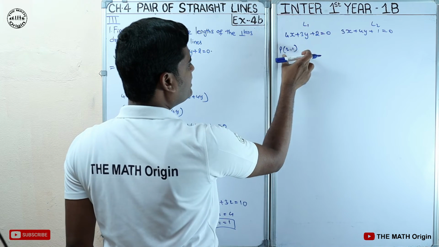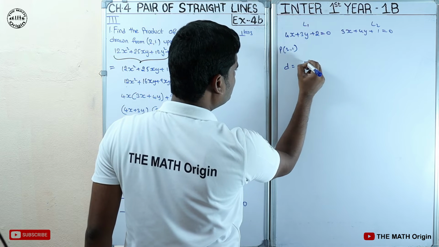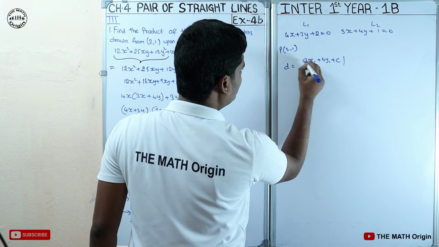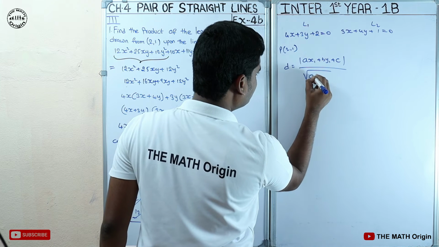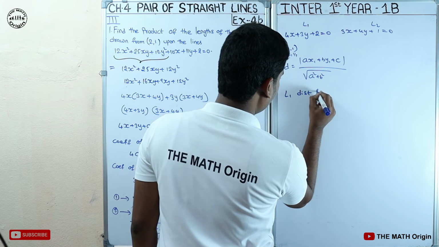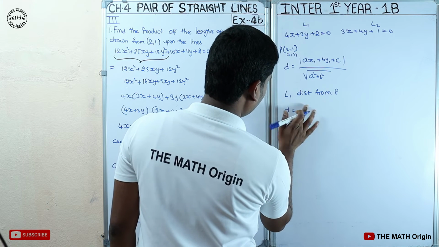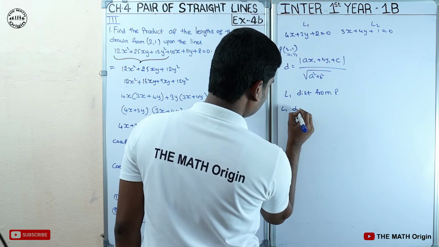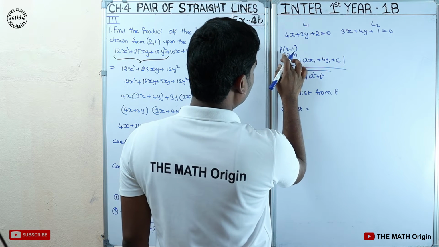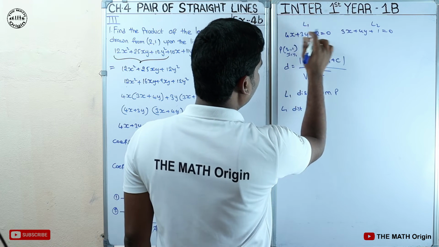So we need to find the perpendicular distance from this point onto the line. So we have distance equals modulus of ax1 plus by1 plus c divided by root of a square plus b square. L1 distance from P is ax1, where this is x1 and y1, and the above value is ax plus by plus c.